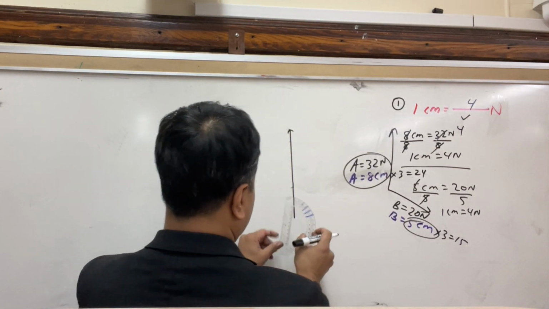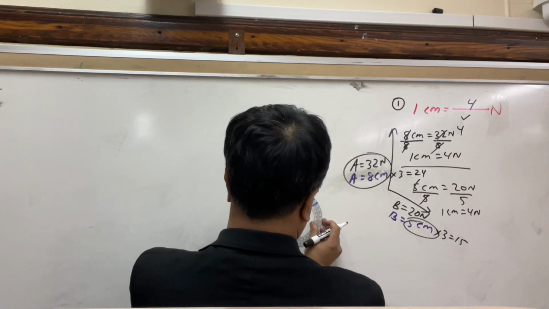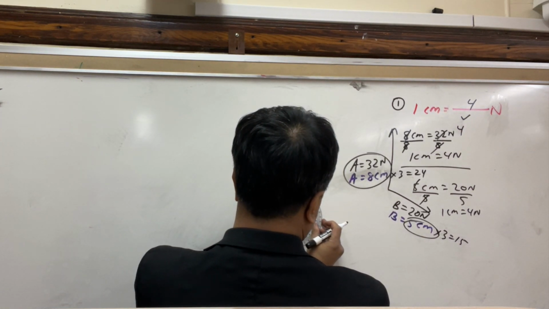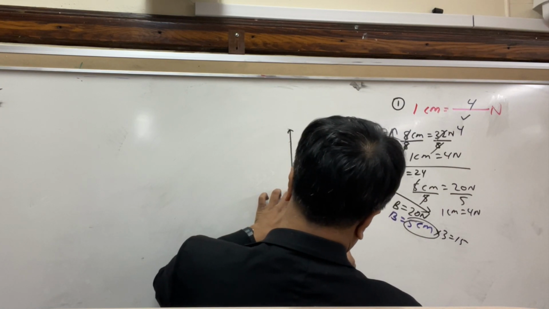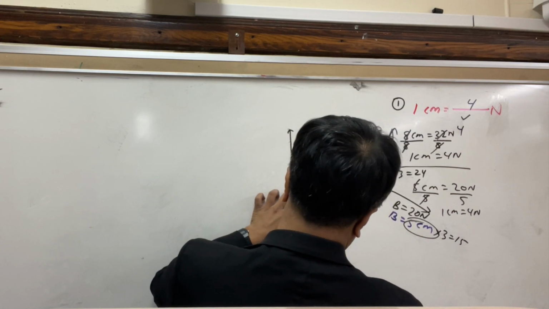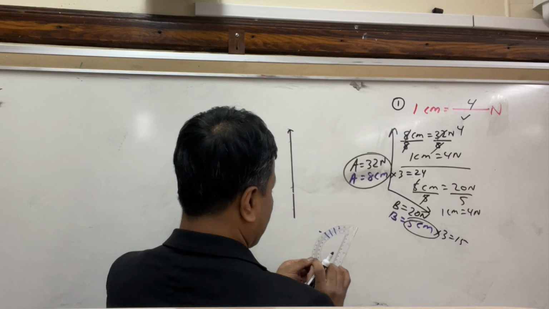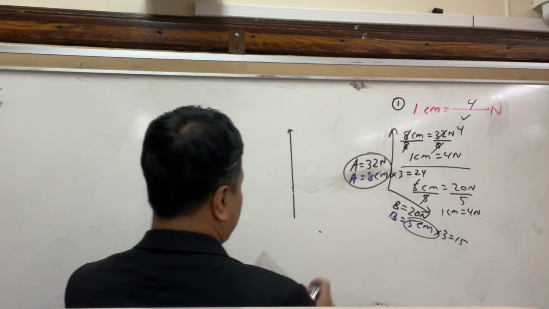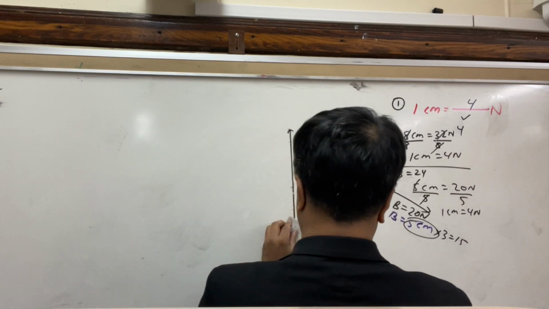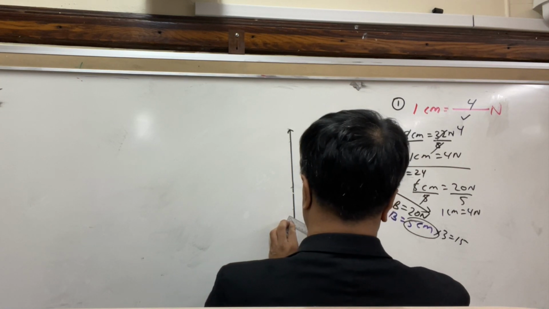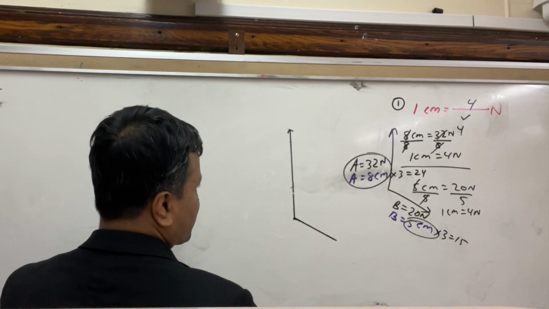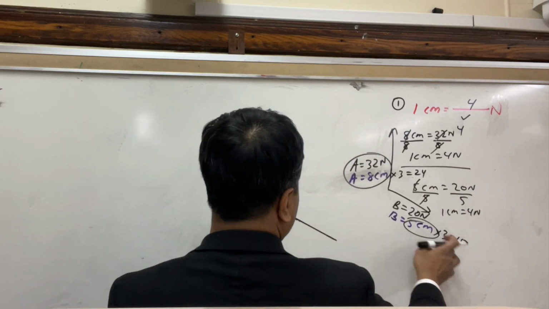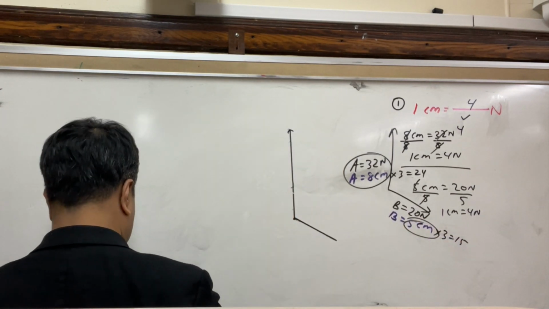I'm going to take the protractor. I'm going to make sure I have 120 degree. So this is my 120 degree. Okay. So I'm going to make a line from here to here, and I want to make sure that this is 15 centimeter because the other is 24 centimeter.